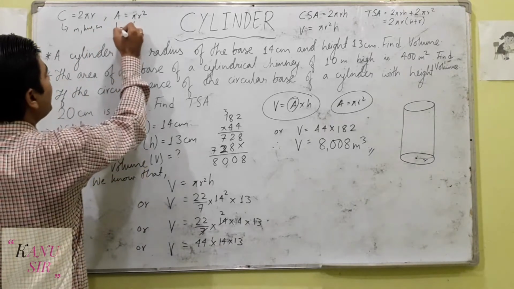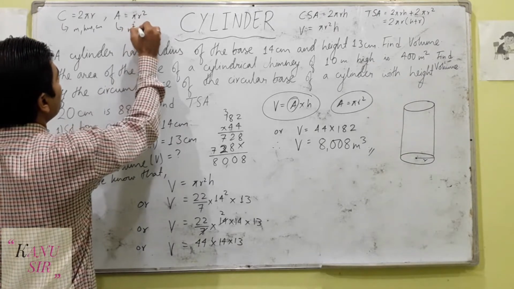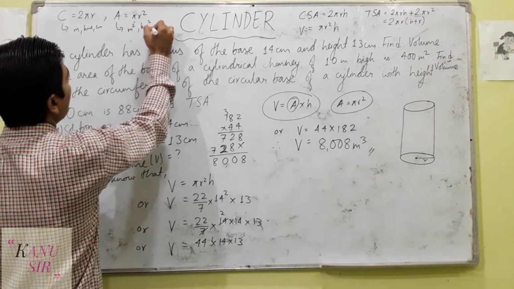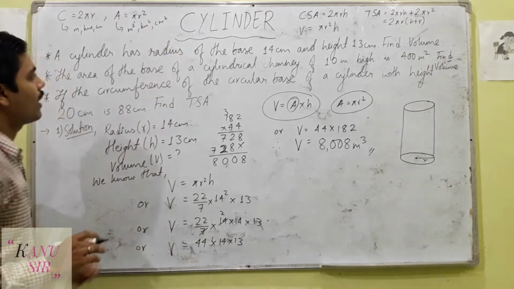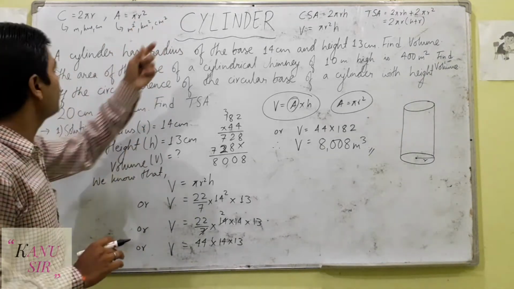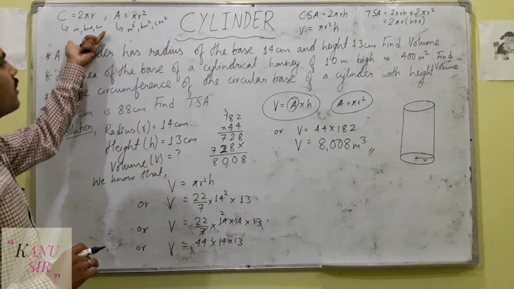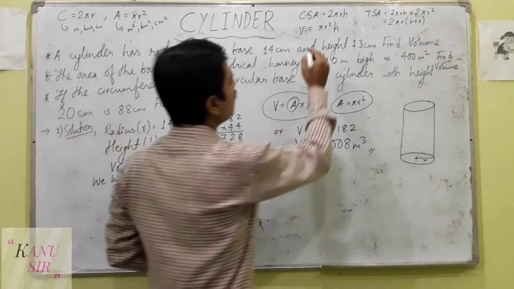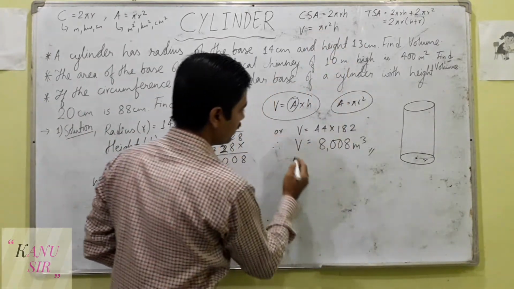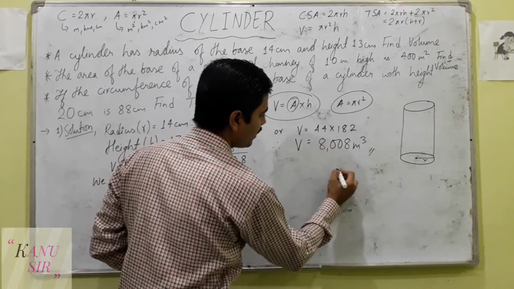When we talk about area, it is square: meter square, kilometer square, centimeter square. So area comes in square form, length comes in single power form, and volume comes in cube form. So volume is written as meter cube.